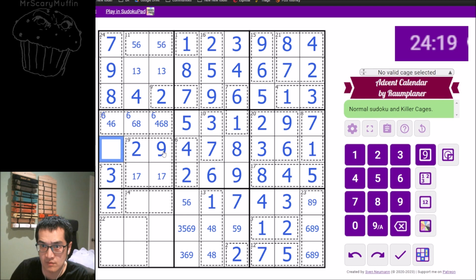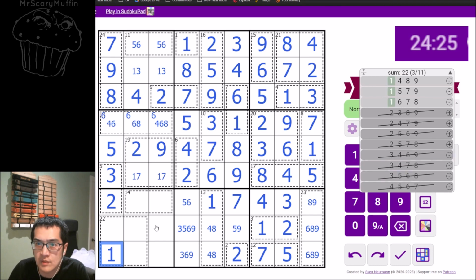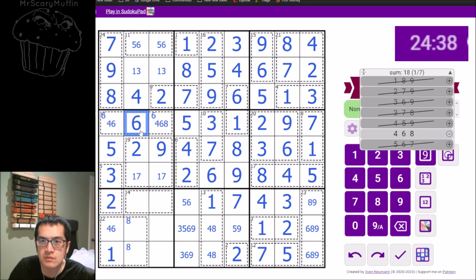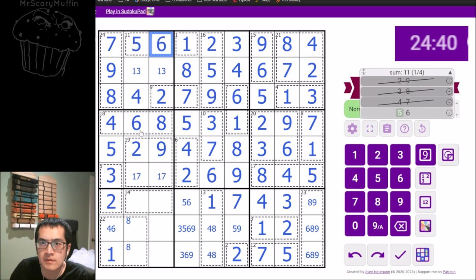Oops, what am I missing here? 5? So be it. There is guaranteed to be a 1. Numbers of 4 or 6. This one has neither, so it's not that one. 4 or 6, and then there's always an 8 here somewhere, which means this is 6.